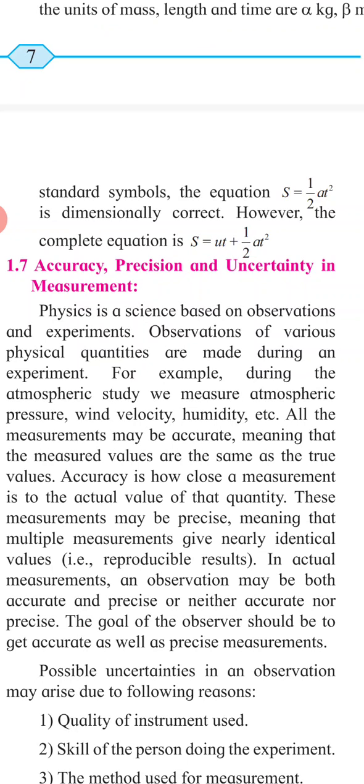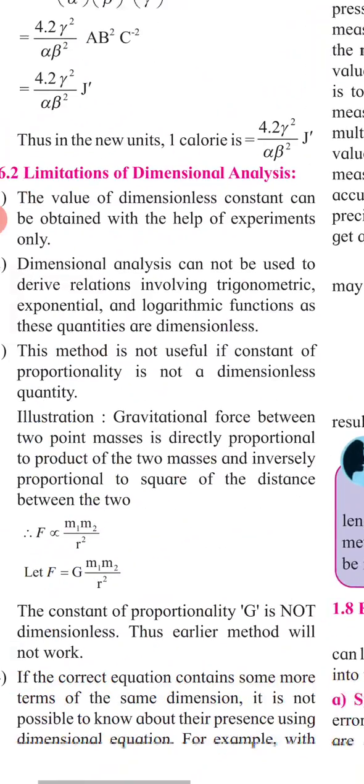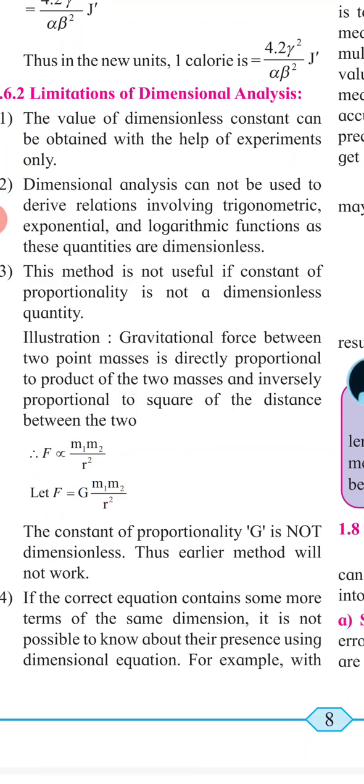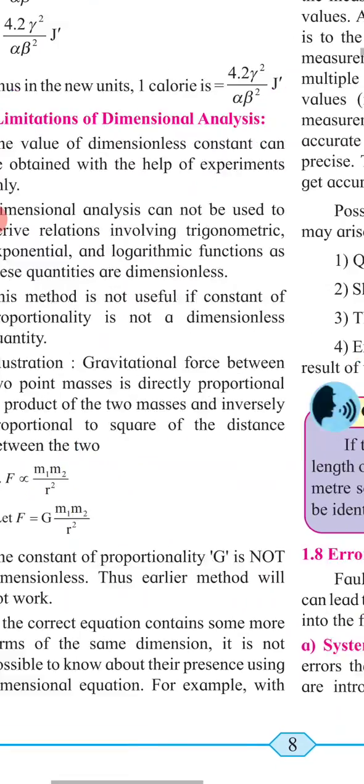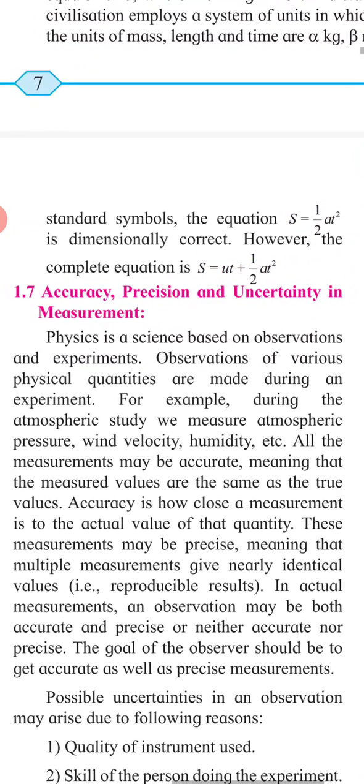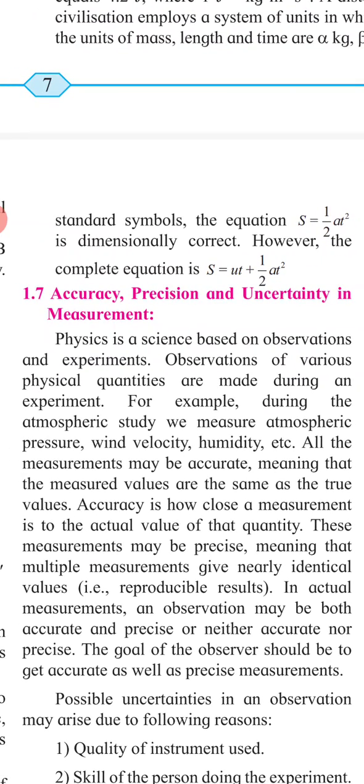Because S is in meter, and ut, if you calculate that dimension, gives meter per second times second, so second will cancel out. So three terms are there: S, then ut, then plus half at square. And all these three are dimensionally correct, so this is also a required term. Fine. If any one is not dimensionally correct, then it is a dimensionally incorrect equation. Fine. Okay, thank you students.